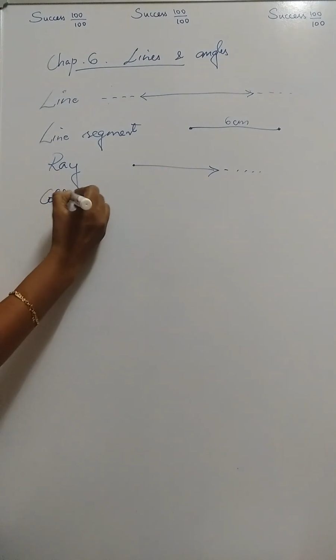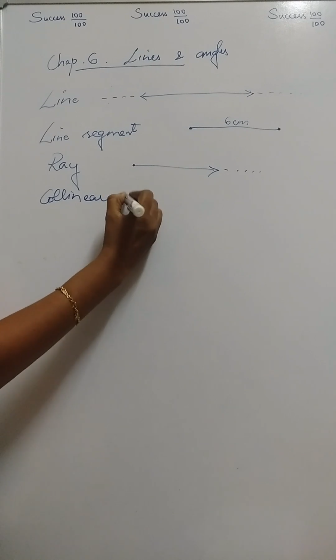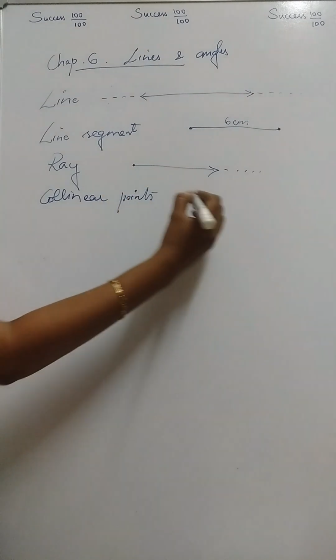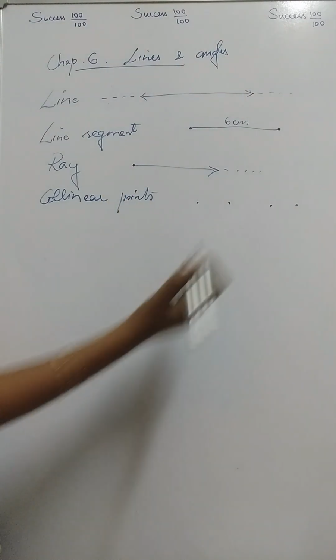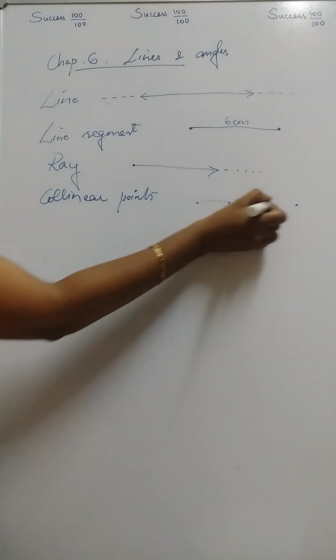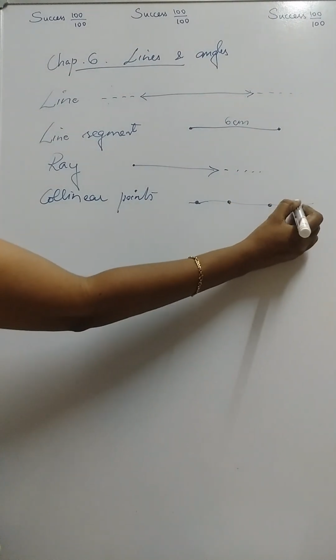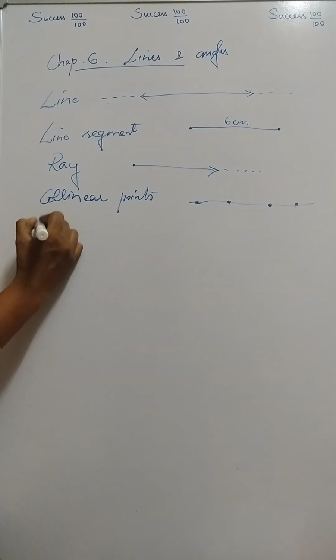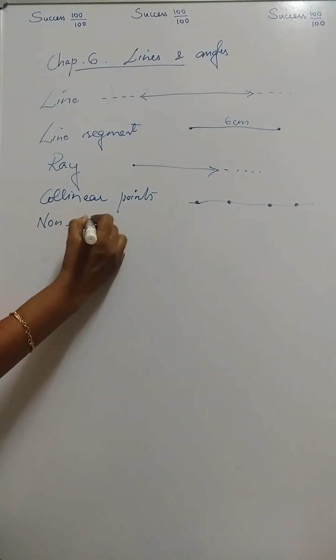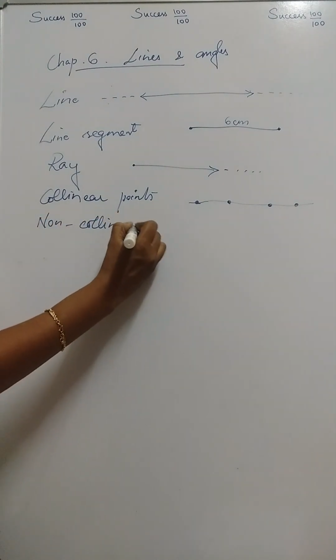Next is your collinear points. Collinear points are the points that form a straight line. See, when I connect these points, they will form a straight line. Next comes your non-collinear points.